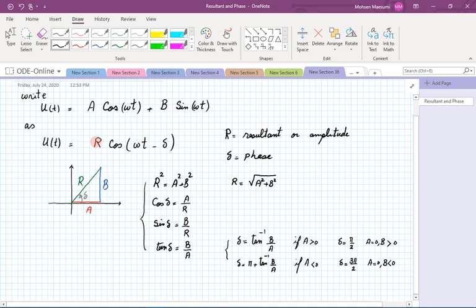So what is r? R is simply the hypotenuse. R is just given by the Pythagorean formula. And delta turns out to be this angle measured in the standard fashion going counterclockwise. So cosine of delta is the ratio adjacent to hypotenuse, sine of delta is opposite to hypotenuse, tangent of delta is opposite to adjacent, however you want to describe it.